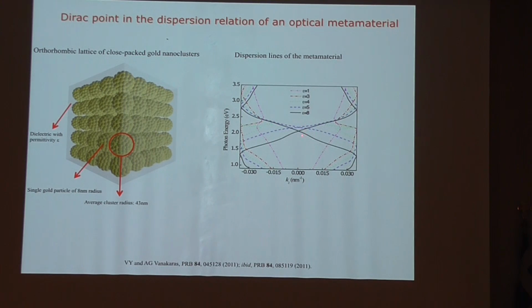This is the generalist point, which does the whole Dirac physics in our case. This is the dispersion relation for waves propagating inside such a metamaterial. The thing is that originally such materials were proposed for achieving zero refractive index.